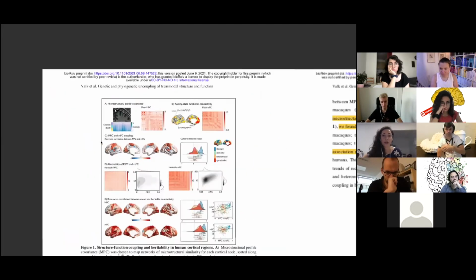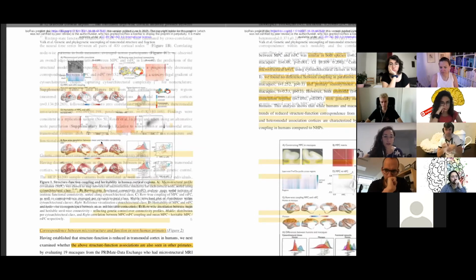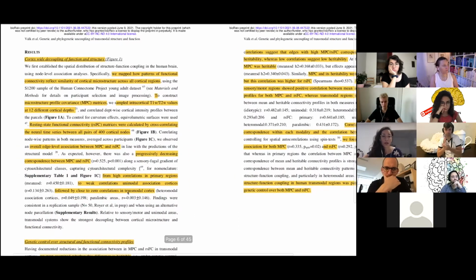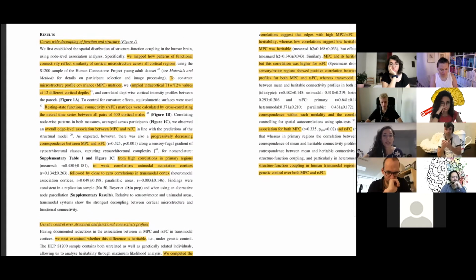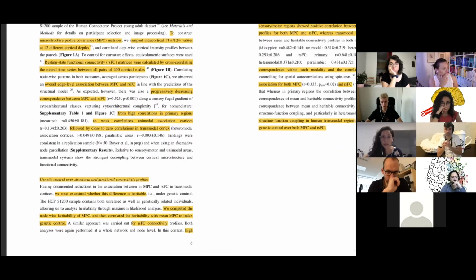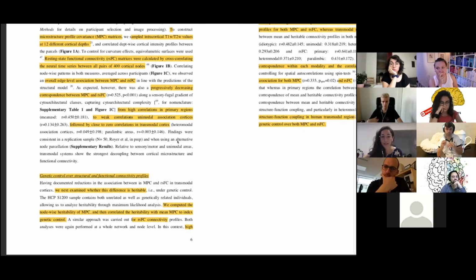And then the authors explored the genetic control over the structural and functional connectivity profiles. They are using the Human Connectome Project dataset to provide information on the genetic similarity, familiarity in the dataset.